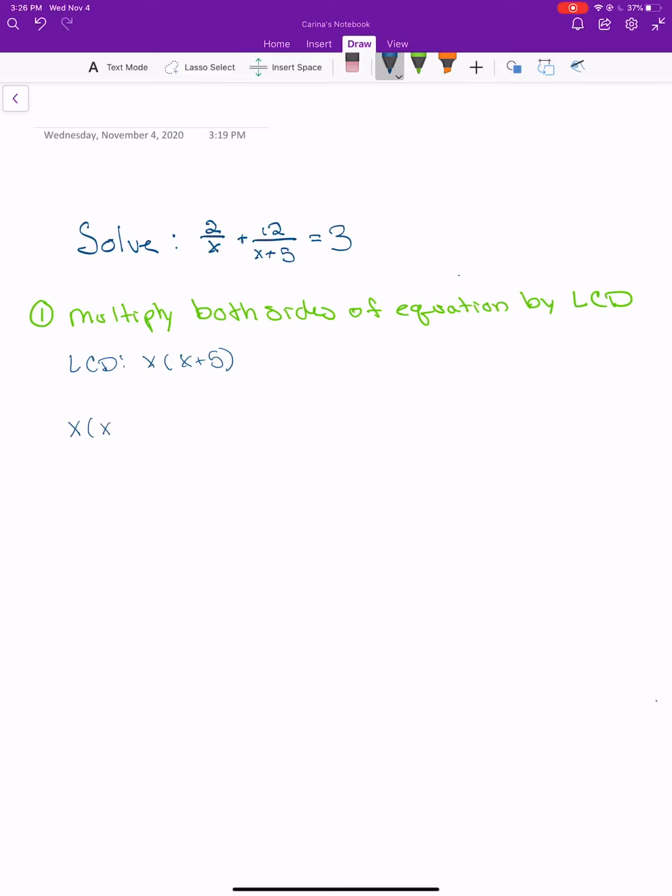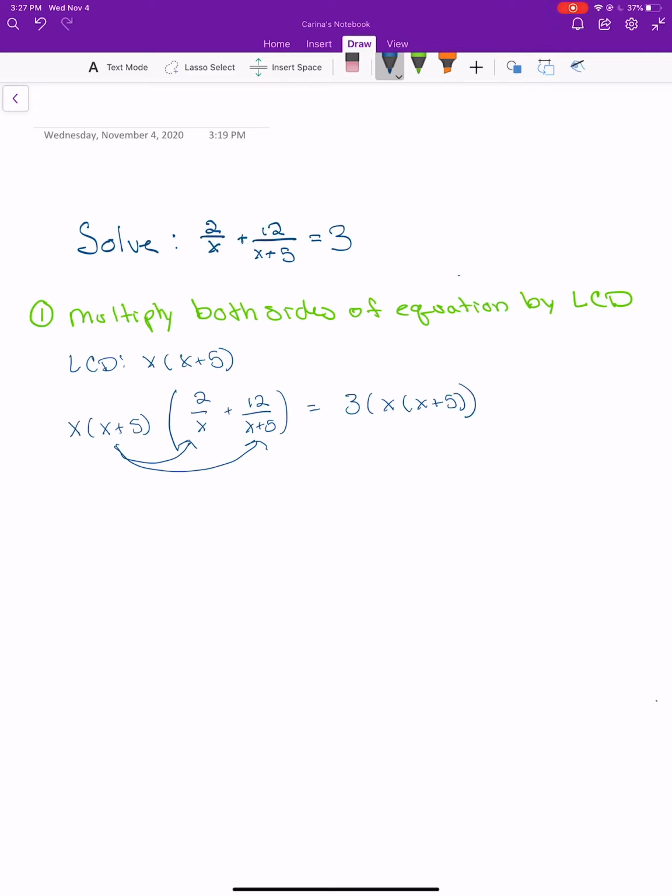So we have x times x plus 5, all times the left-hand side, which is 2 over x plus 12 over x plus 5, which is equal to 3 times x plus 5. Okay, so now I'll go ahead and distribute this into each of the fractions.